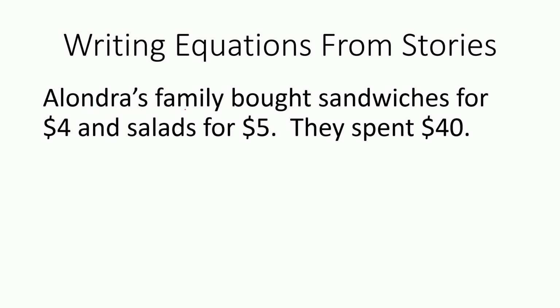So when I look at this one, it says a Lunders family bought sandwiches for $4 and salads for $5. And those 2 values seem like they are rates of change because they were saying sandwiches are $4.